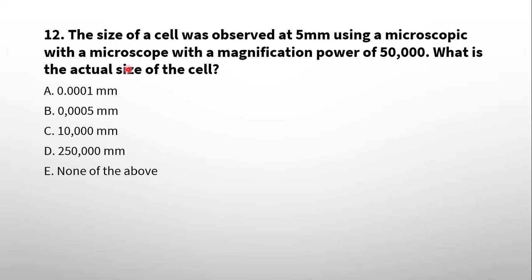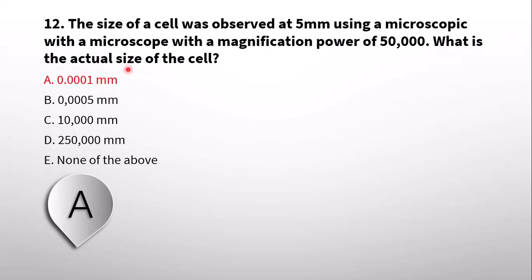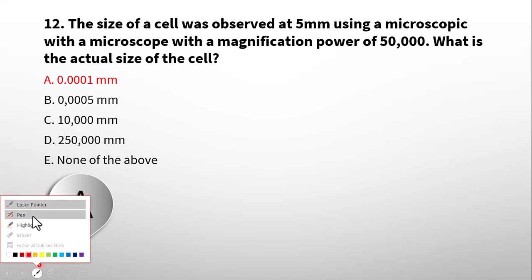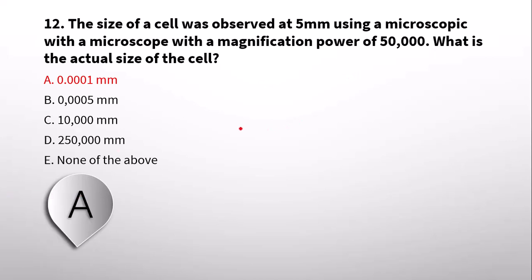The size of a cell was observed at 5 millimeters using a microscope with a magnification power of 50,000. What is the actual size of the cell? A. Okay. Here, basically, I think we just use the magnification.